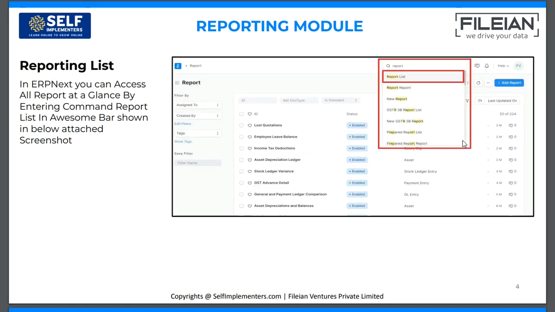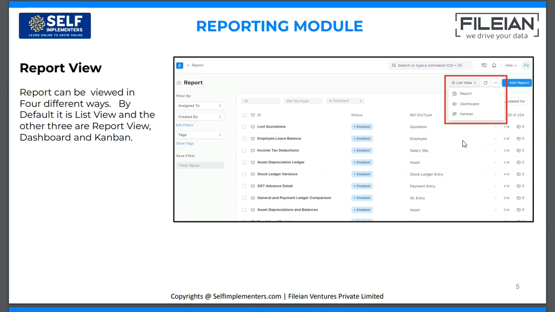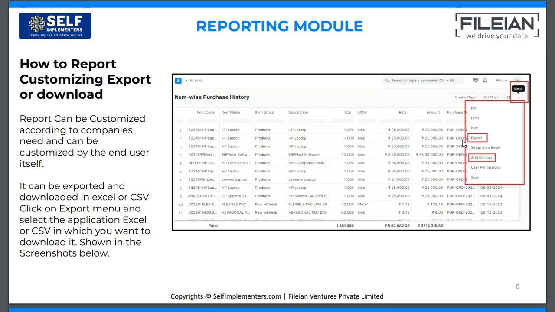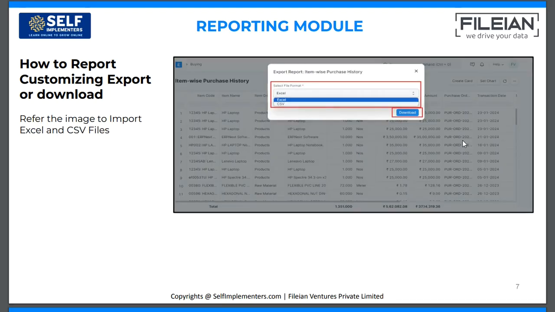In this tutorial, we will see how we can generate the reports and how we can get an overview of the report list. We will see how to change the layout of reports, and how we can do the export and customization of a report by adding a column and removing a column.